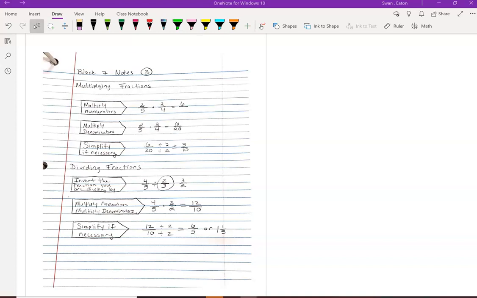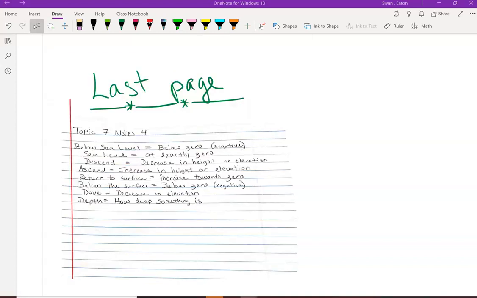Thank you. So this is the very last page of your Topic 7 notes. You just need to make sure that you write down every one of these words and their definitions, because they will help you when we start doing our story problems.